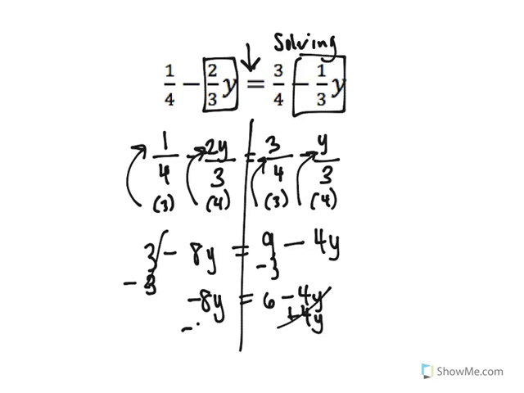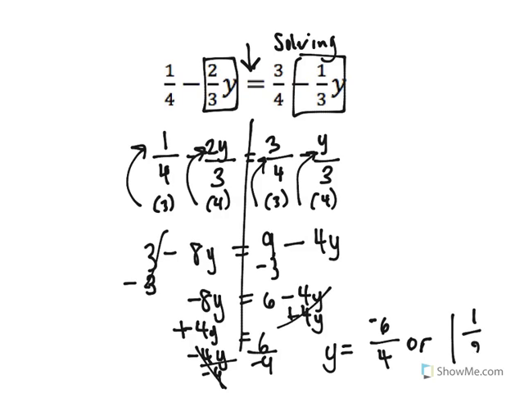I move the y's to be with the y's. I get y by itself. I get y equals negative 6 over 4 or negative 1 1/2. Okay? And that's it.